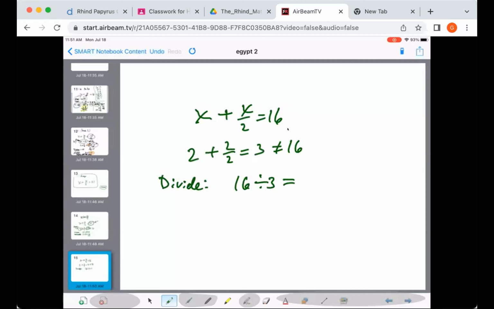Because I don't want 15, I want 16. But 16 divided by 3 is an annoyance, because that's kind of what we did in the previous homework. When you divide 16 by 3, it's 5 1/3.